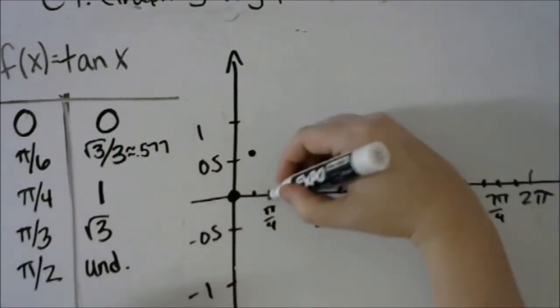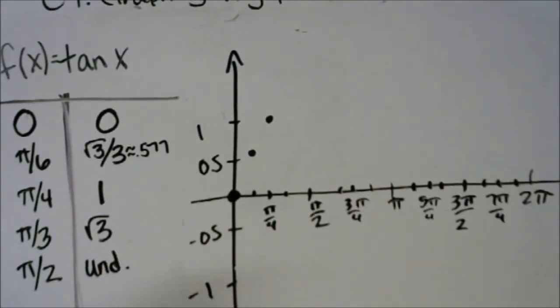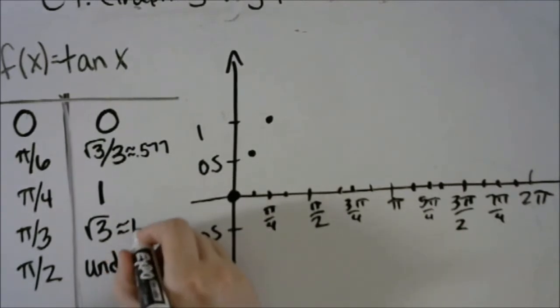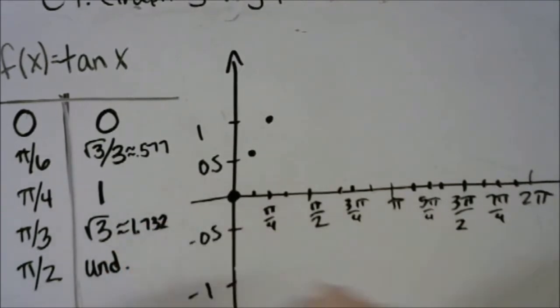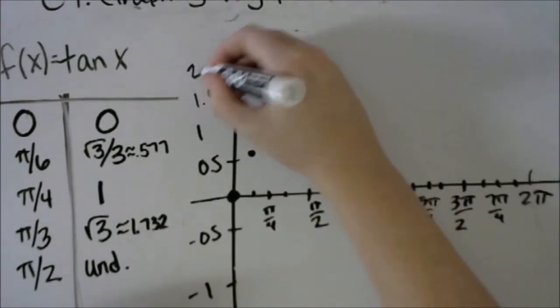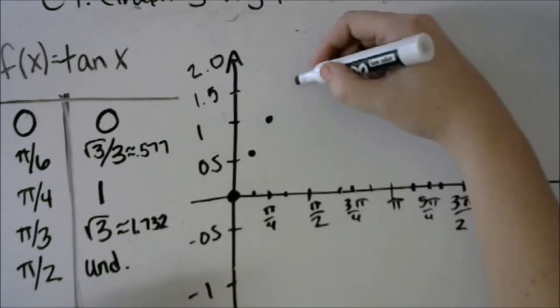Then I have pi/4, 1. Then I have rad 3, and using my calculator, I can decimal approximate that to about 1.732, which means I do need to increase my scale up to 2. No big deal. 1.7 is about here.